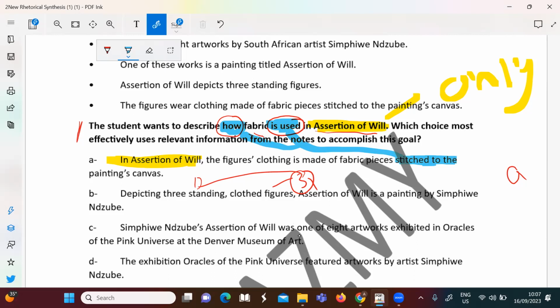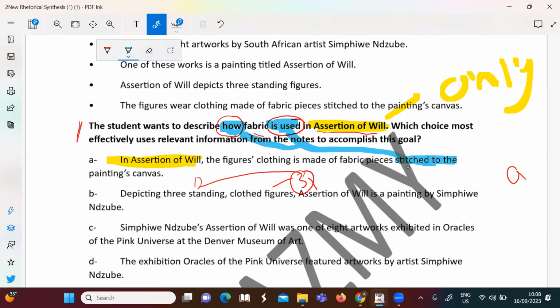See, C is talking about Assertion of Will itself. I mean, it's one of eight artworks. That's not what he asked. And where is this exhibited? Where is how the fabric is used itself? Maybe it's true, it's in the notes, but where is how the fabric is used?